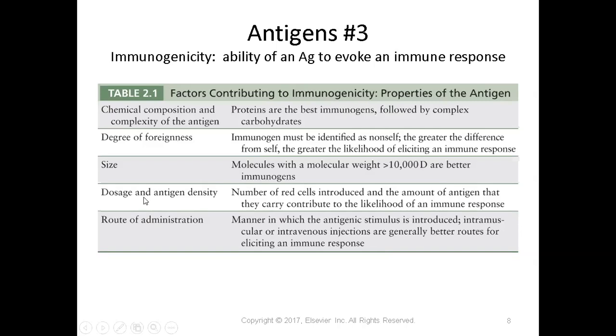A couple of other things: dosage and antigen density. The number of antigens that are introduced, obviously the more we're exposed to, the better likelihood that an antibody will be formed. And then lastly, the route of administration. This would be the manner in which the antigen is introduced.